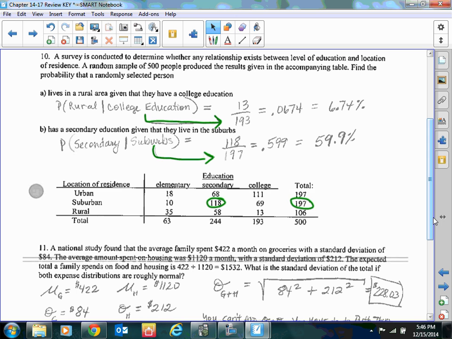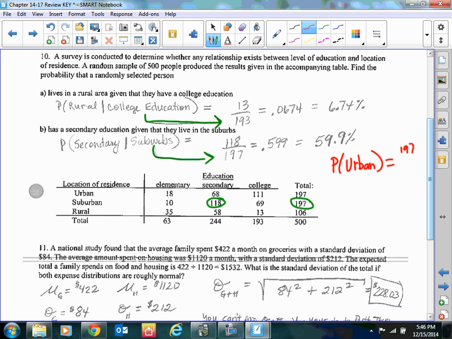Now, had this asked for a question of independence, here is something that you would have checked. It did not ask for that, but you would have done something like this. I'm going to say probability of urban overall, and you find that, which was 197 out of 500. Then I check urban given college to see if that has changed.